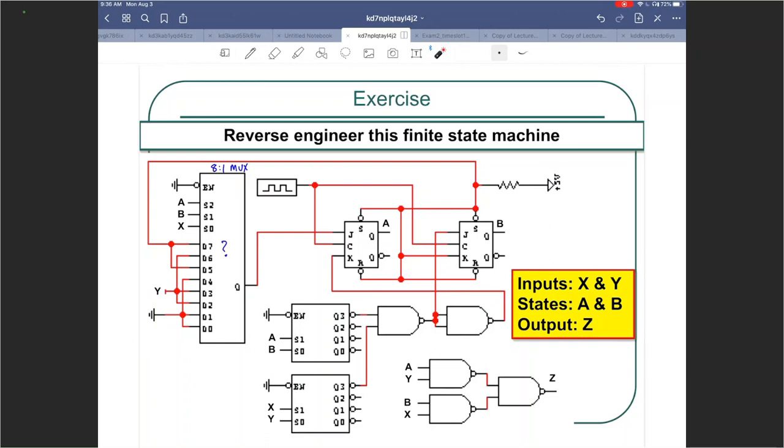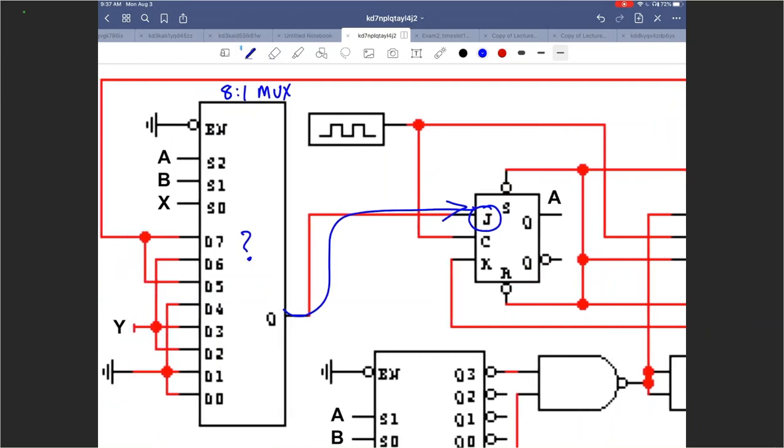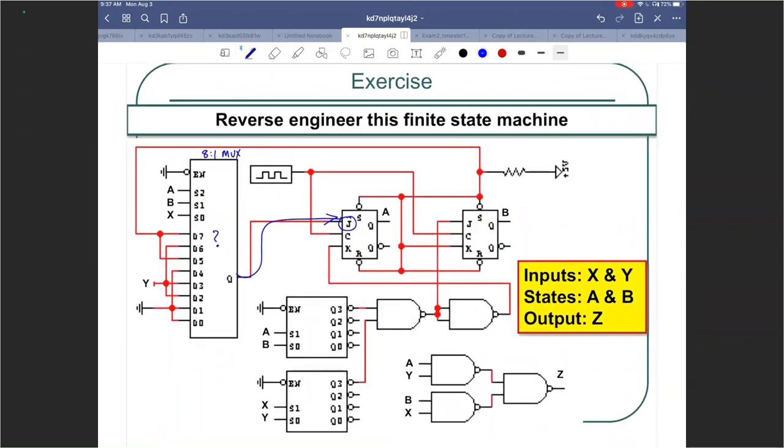So if you do the analysis in a very similar manner as you did in your exam, then you can write the equation for this line over here, which is essentially the JA input. So this guy connects to that, right? So you can write JA in terms of A, B, X, and Y. Your inputs are X and Y, your states are A and B, and your output is Z.